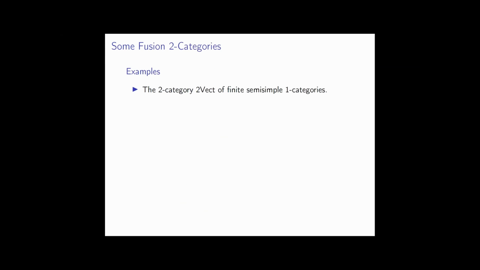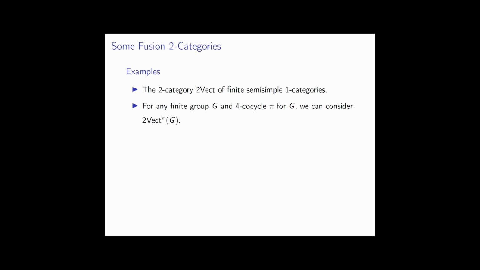Some examples. They're really the examples that David gave, but for the sake of emphasis, I guess the trivial or fundamental example is two-vector spaces, which is the finite semisimple one-category. If you know about fusion one-categories, a very elementary construction is to look at G-graded vector spaces.